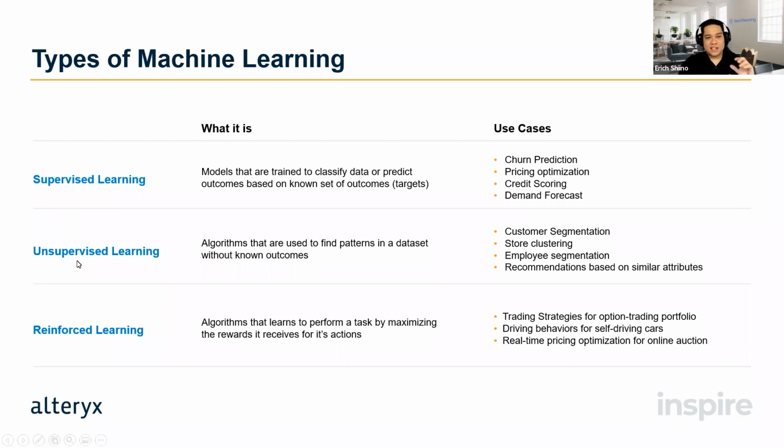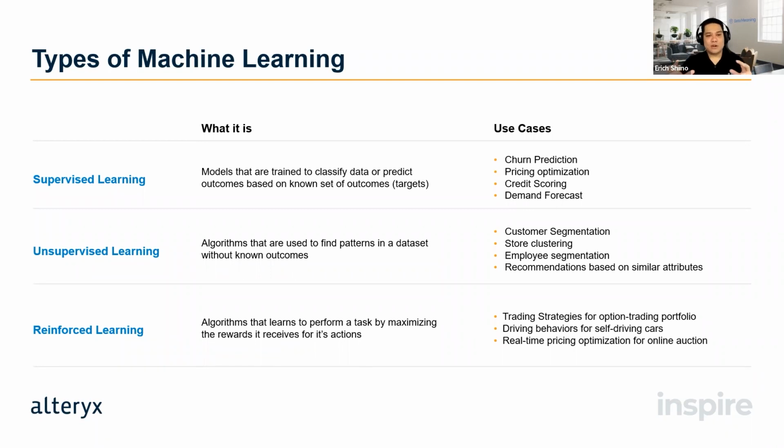Then we have the unsupervised, and those are algorithms that are going to find patterns in the data set by themselves without a specific outcome. So for example, we just have all our clients, all their buying behaviors, all those variables that can describe the client, like the location or the demographic profile.